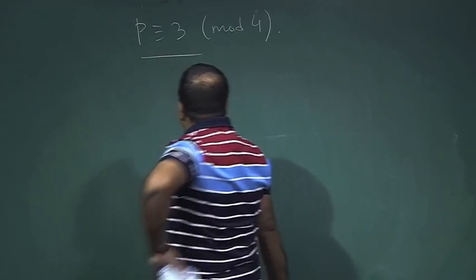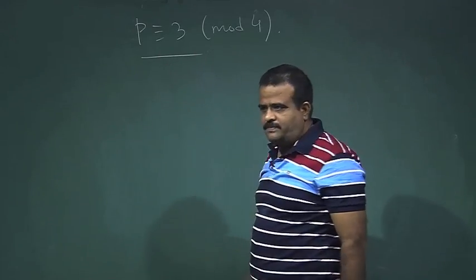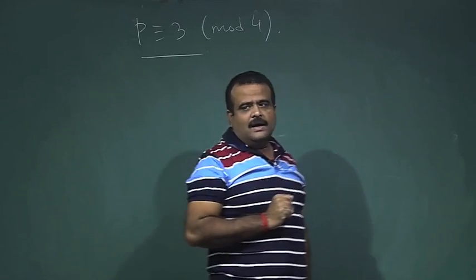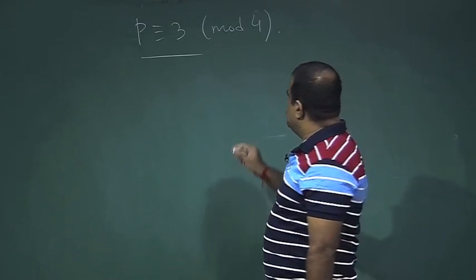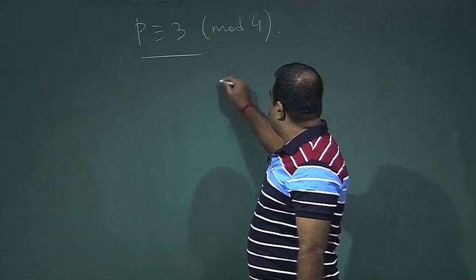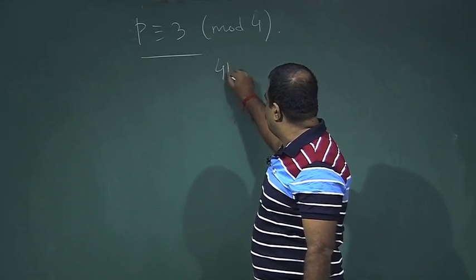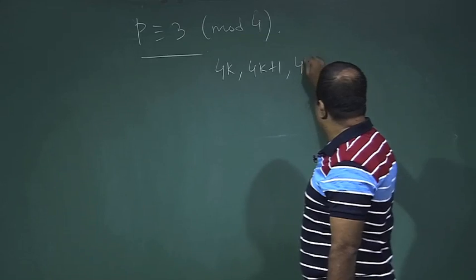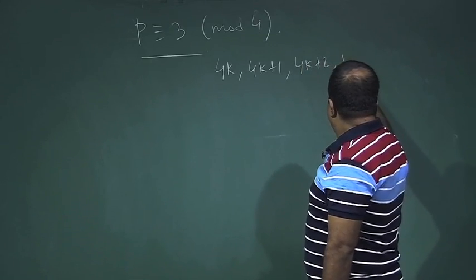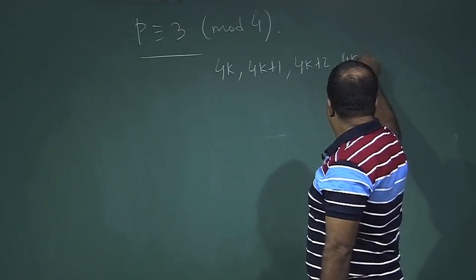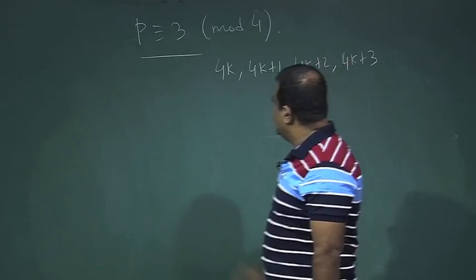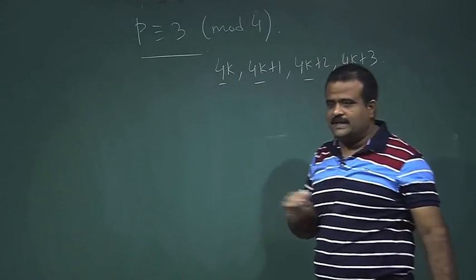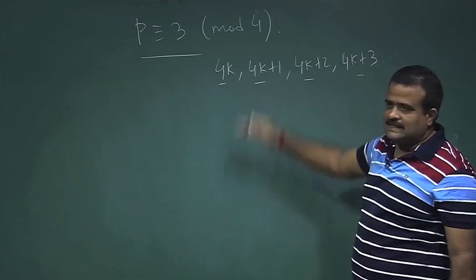Okay. p is an integer, and we are choosing p as a prime. Any integer, taken mod 4, can be written as either 4k, 4k plus 1, 4k plus 2, or 4k plus 3, where k is another integer.